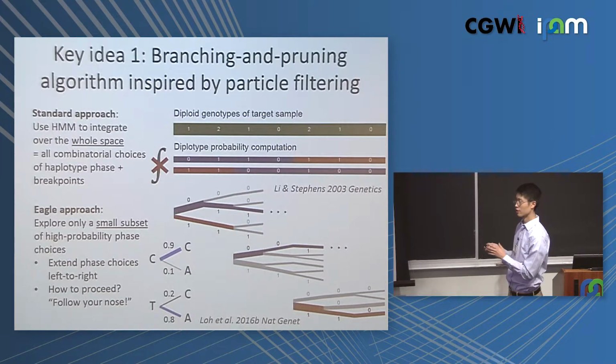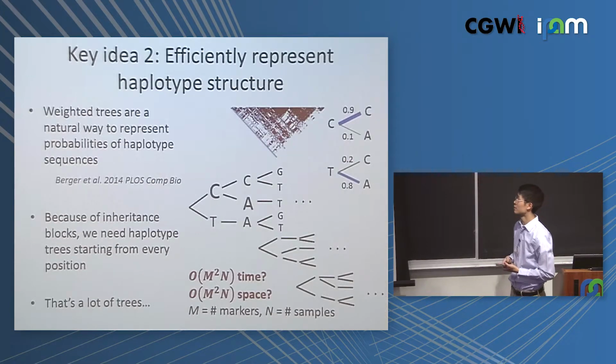There's a challenge, though, which is that because of the possibility of recombination, we have to be able to do this starting from the first position, but also starting from the second or the third position or the fourth or the fifth position, because these haplotypes that we're trying to copy start and end seemingly randomly across the genome because of recombination. And so if we actually wanted to implement this procedure naively, we would need to build one of these trees starting from each possible position in the genome, which would be expensive.